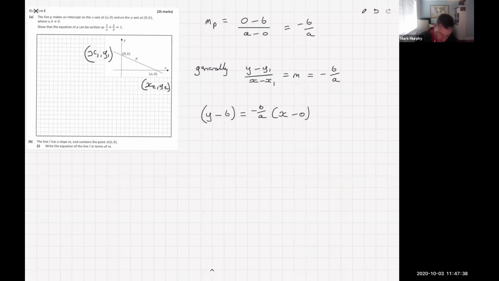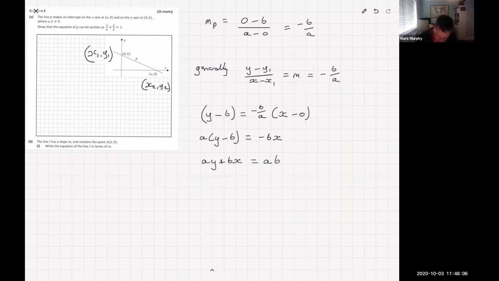So I just bring the a across, so that becomes a times y minus b is equal to minus b x. The 0 is gone. Writing that out a bit nicer, I bring the bx across: ay plus bx equals ab.